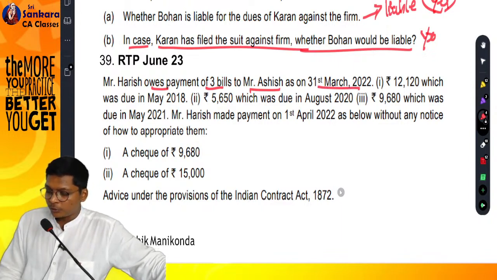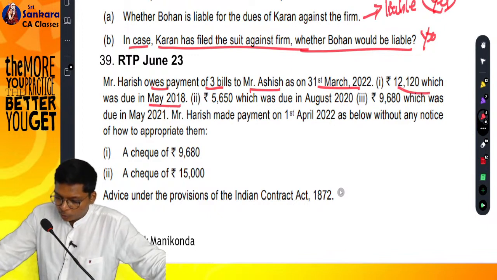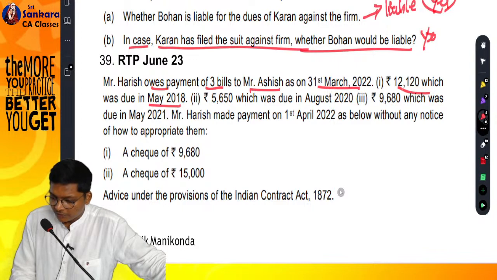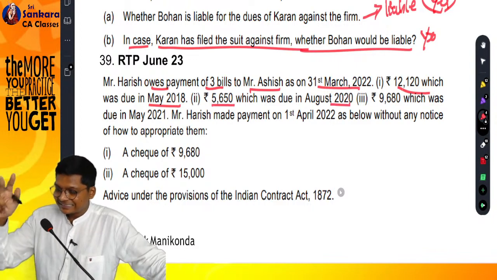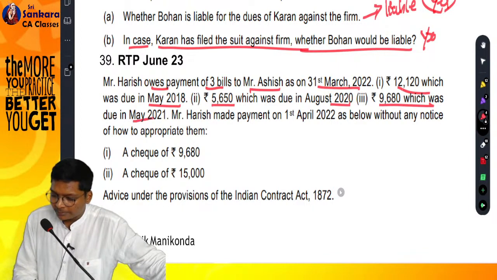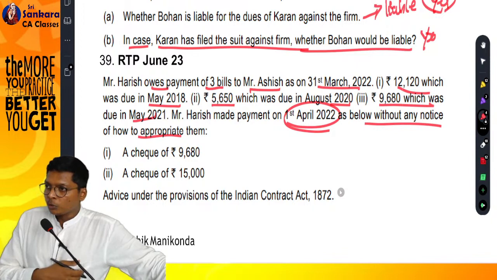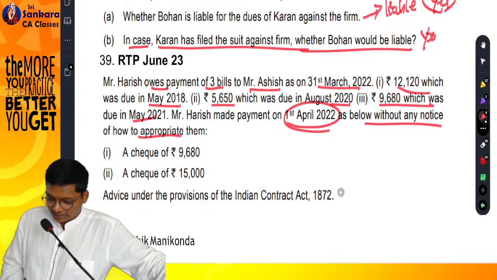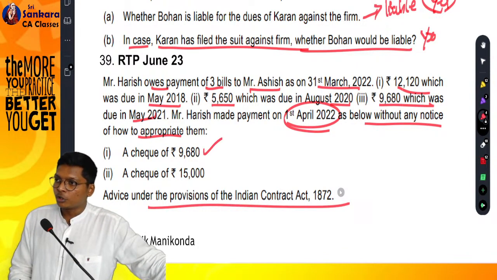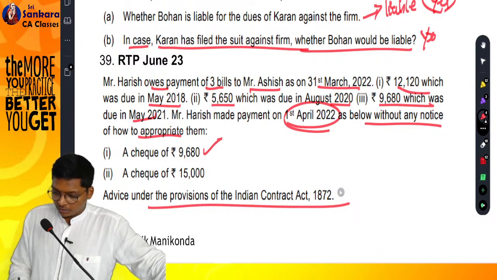On 31st March 2022, 12,000 which is due in May 2018. That is the first one. 5650 due in August. Second, 9650 which is due in May. Third. Harish made payment on 1st April without any notice. How to appropriate, in the order of? How do you appropriate, guys? 9680. First, which one will you appropriate?